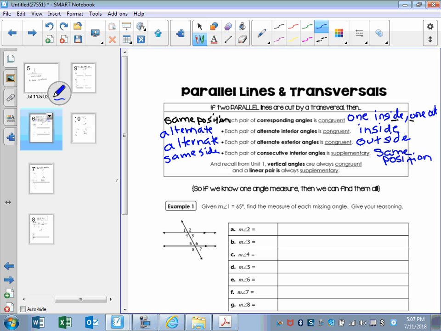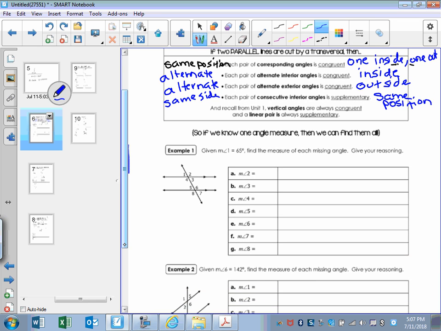So basically, this is what's going to happen. They're going to tell me to measure angle 1, and we're going to write in this column what the angle's congruent to, based on the reasoning, based on the position. So angle 1's right here.